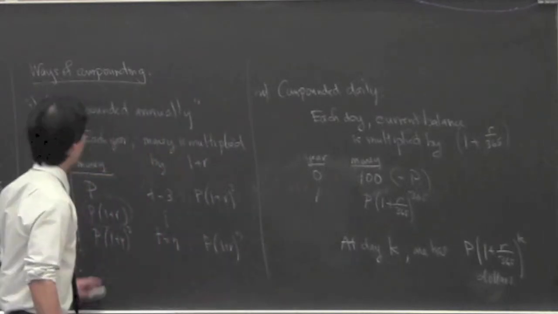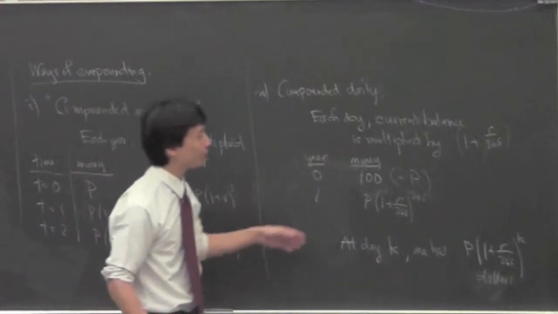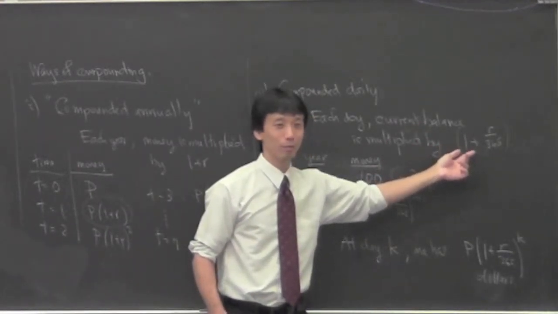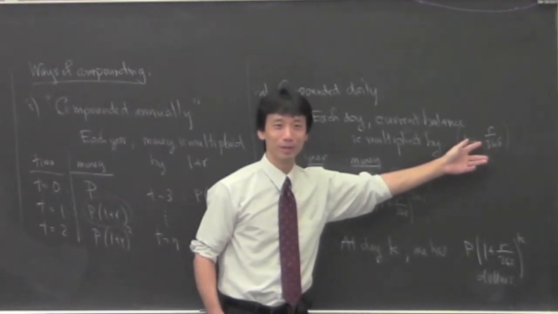Okay, so now then there's a third bank. And the third bank says, I'm not going to compound daily, I'm going to compound every second. So then if that happened, what would be the formula? Well, every second, you would multiply by 1 plus r over how many seconds there are in a year, right?